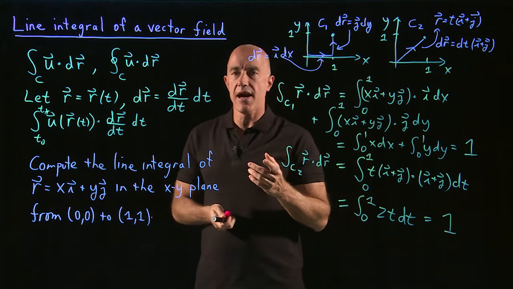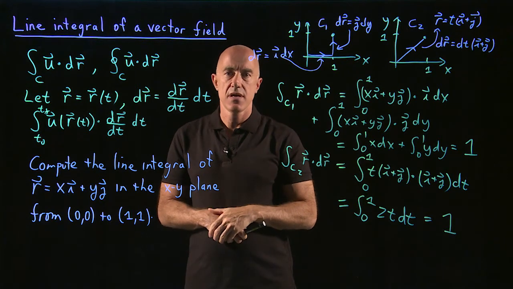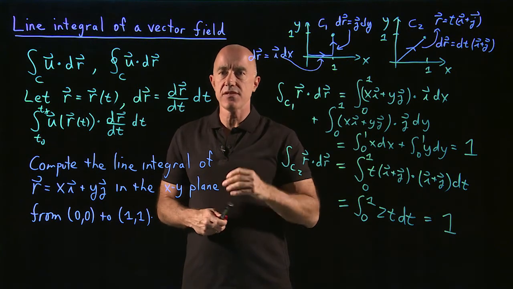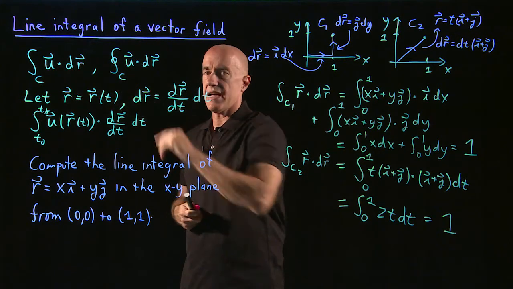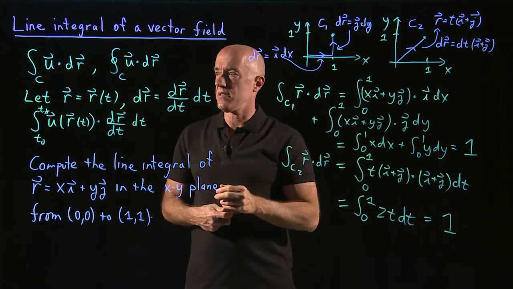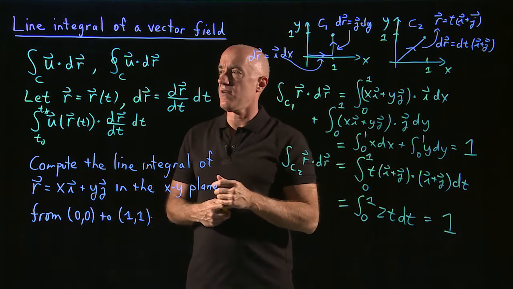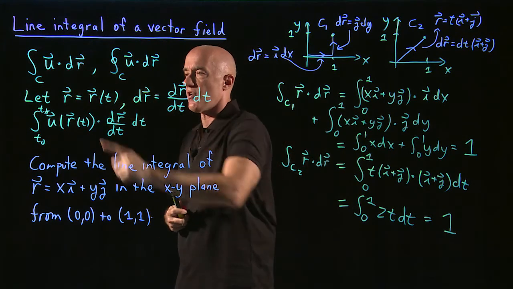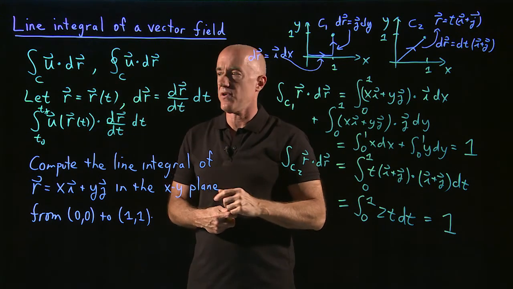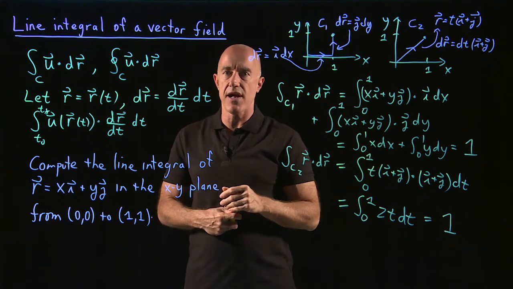I'm showing you now a new type of integral. It's called a line integral. It's an integral of a vector field, so we have to dot the vector field against the line element, u dot dr. The general method of doing this type of integral is to parameterize the curve that you're integrating over by r vector equals r vector of t. t is the parameter.